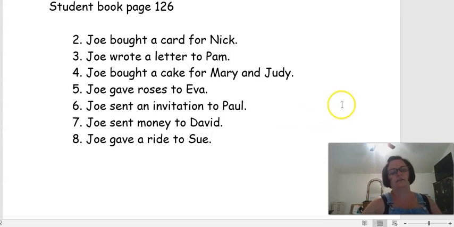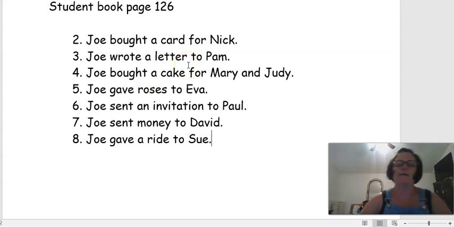Okay, let's look at these sentences real quickly and think about the direct and indirect objects. So Joe bought a card for Nick. So if Nick is the indirect object, what did Nick receive? A card. That's your direct object.